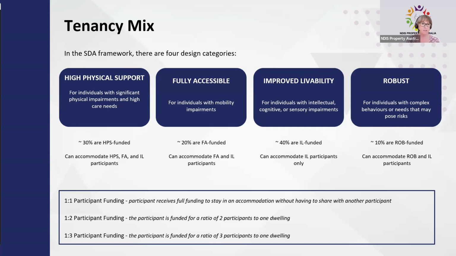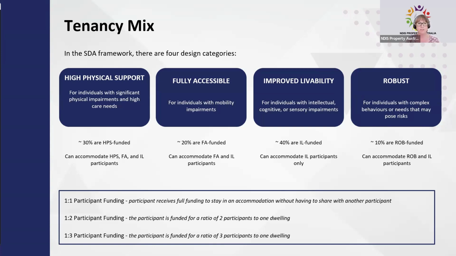Again, like HPS, a fully accessible designed property can accommodate people with IL. IL is the bottom level of design, so it can only accommodate people with IL funding. Robust is a little bit of a standalone type of dwelling, but it also does suit participants with IL funding.